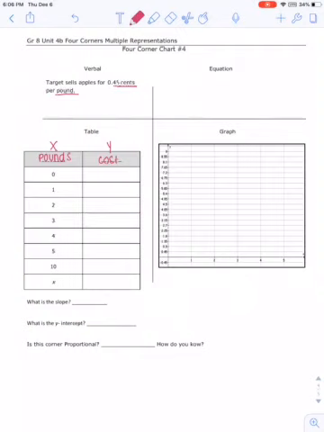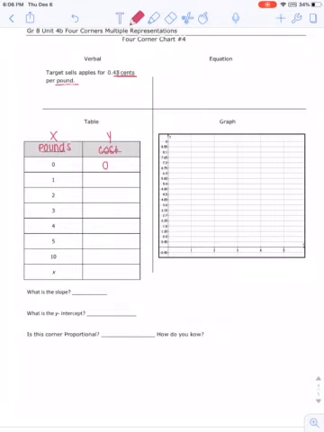So if I buy 0 pounds of apples, I'm going to get to pay $0. It's a wonderful concept. But if I buy 1 pound of apples, I'm going to have to pay 45 cents. If I buy 2, it's per pound, so 45 cents times 2, because I bought 2 pounds, 9/10 or 90 hundredths.